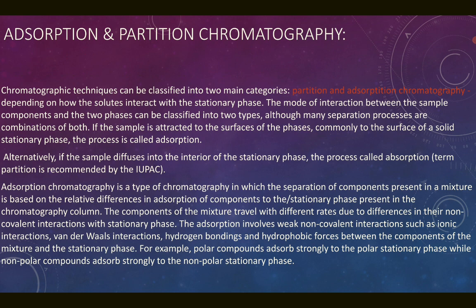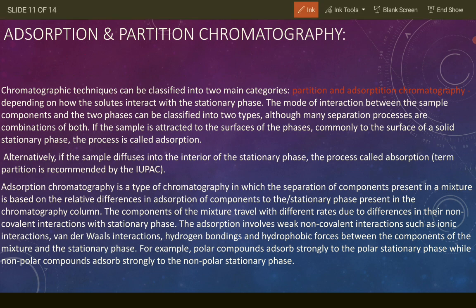Adsorption and partition chromatography. Chromatographic techniques can be classified into two main categories, partition and adsorption chromatography, depending on how the solute interacts with the stationary phase. If there is adsorption between the stationary phase and the molecule, then it's adsorption chromatography.